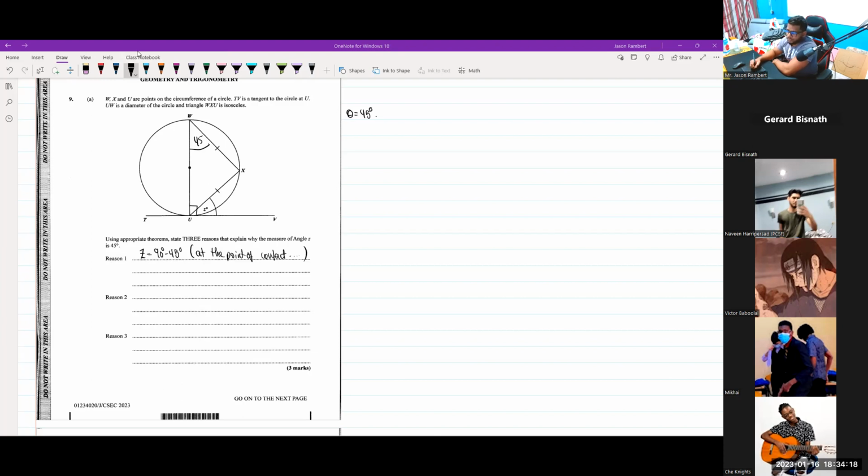That's reason 2. The angle at tangent and chord is the angle in the alternate segment.